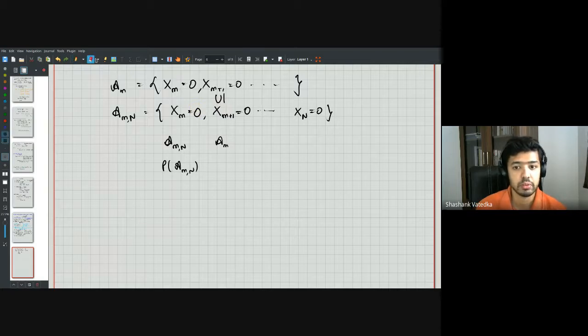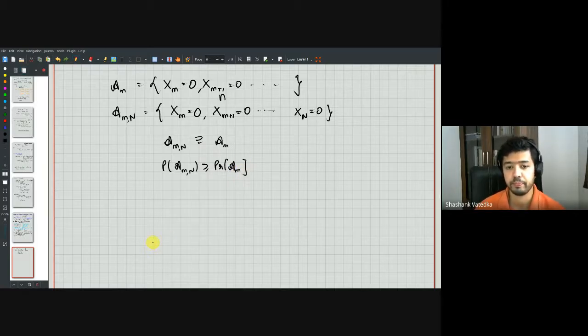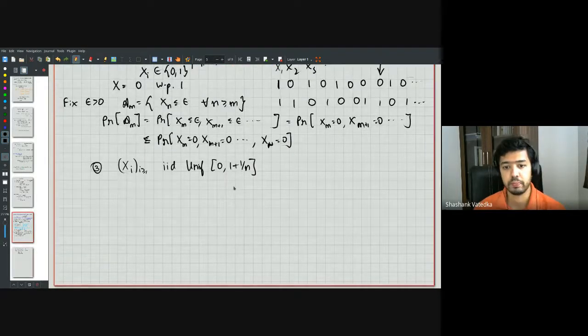So AM is a subset of AM comma N. So the probability of AM comma N will only be greater than or equal to the probability of AM. All right.